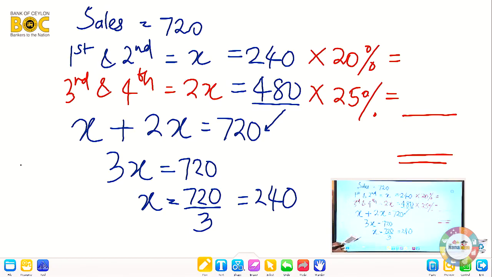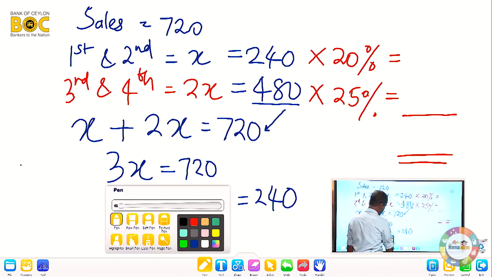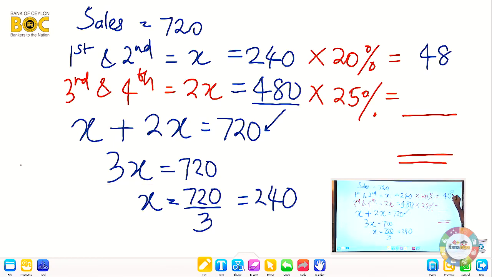To calculate: 240,000 into 20% is 48,000. 480,000 into 25% is 120,000.